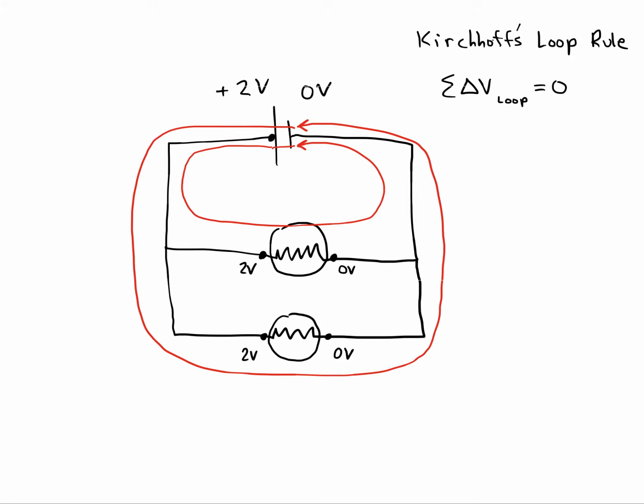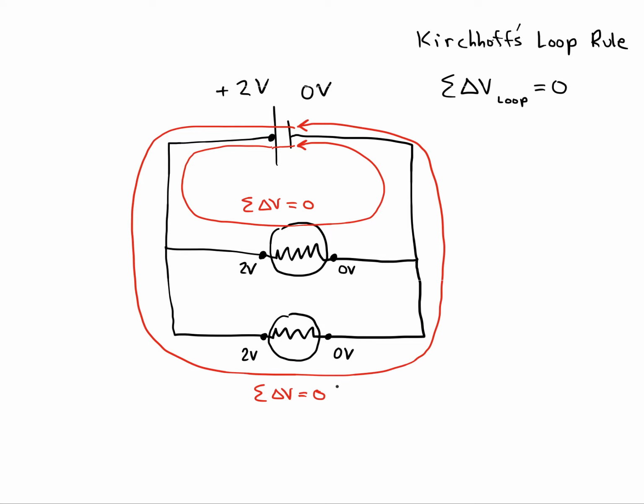All right, so that's just a very simple introduction to Kirchhoff's loop rule. We'll actually do much more with it in the future. But right now, we're just showing how we've got 2 parallel paths. And in both of those paths, the sum of the delta V's has to add to 0. So that's another way that I can tell that we're going to drop 2 volts in each bulb.